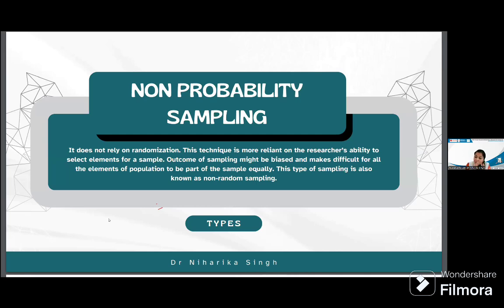There is a huge possibility that the outcome of this kind of non-probability sampling might be biased and makes it difficult for all elements of the population to be part of the sample equally. Of course, because it is not probability-based sampling, it will not be possible for all parts of the population to be included in the sample.